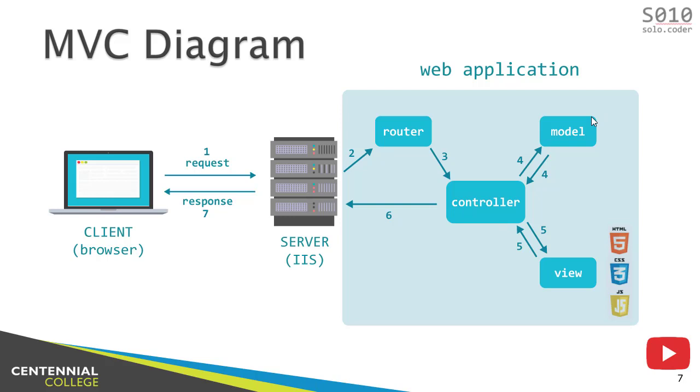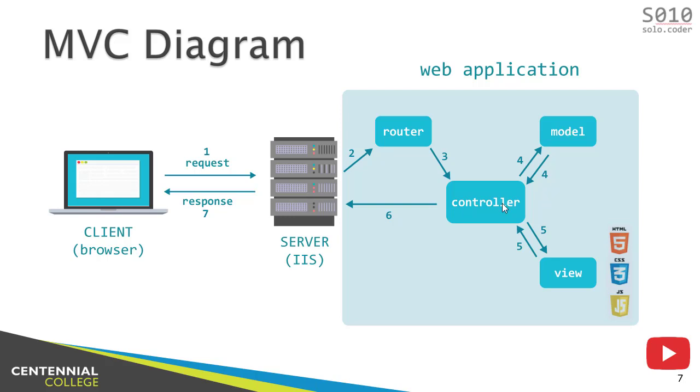So the controller says, model, give me the student information of student ID number 310. The model is the one that talks to the database, talks to the storage, gets the information, and saves information as well. So whenever the application needs data, the model is the one responsible for that.